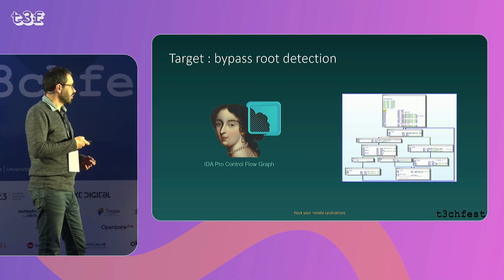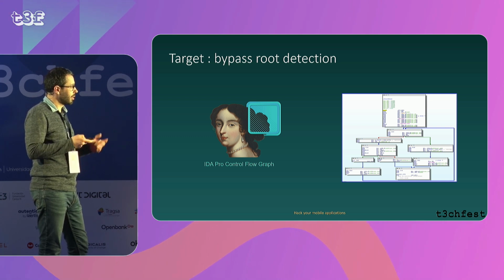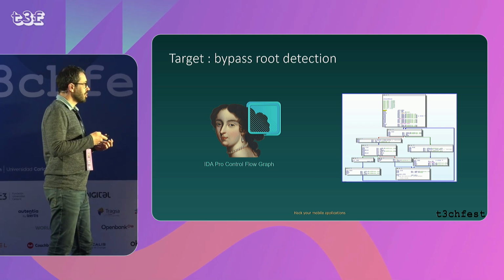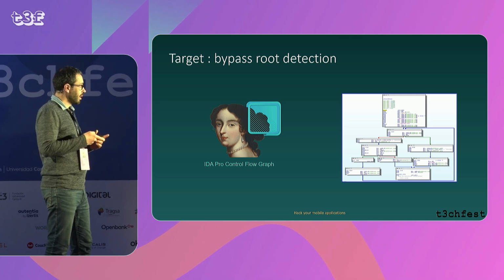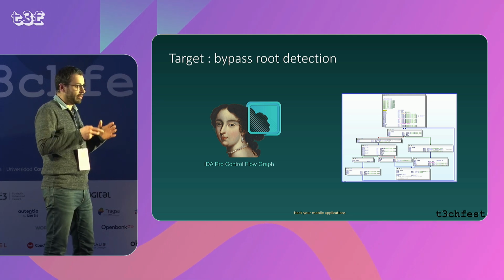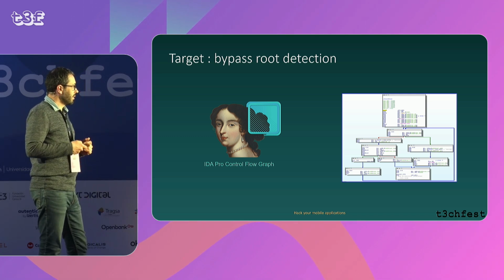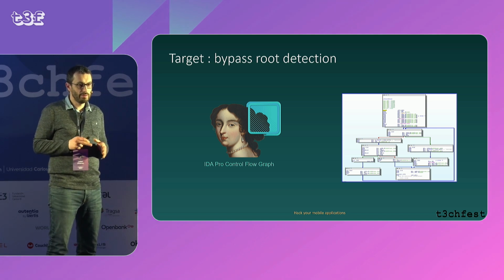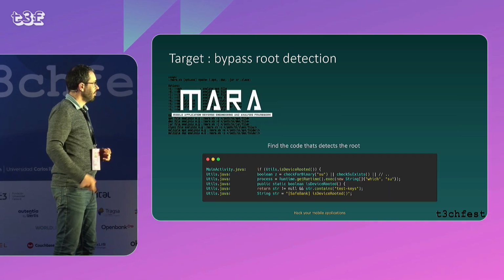So you can try this software, which will help you to have a diagram of your application. Which methods call which method, which classes are linked to which classes. So it will give you the architecture of your program. Okay, it's a solution, but here root protection is very classic, so there is another solution like Mara.